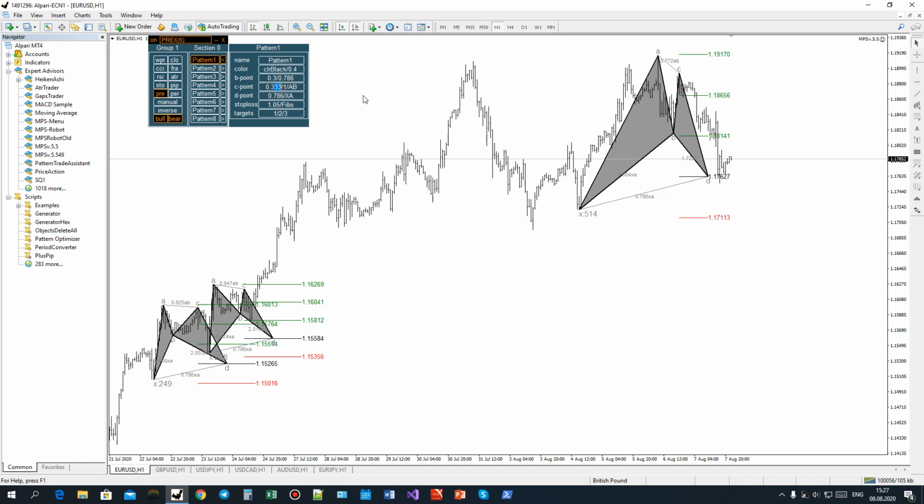We start the C point from 0.3 to 1, the D point is 786, the stop loss is 113, and the target would be placed at 56.5. Target 2 and target 3 won't be backtested.